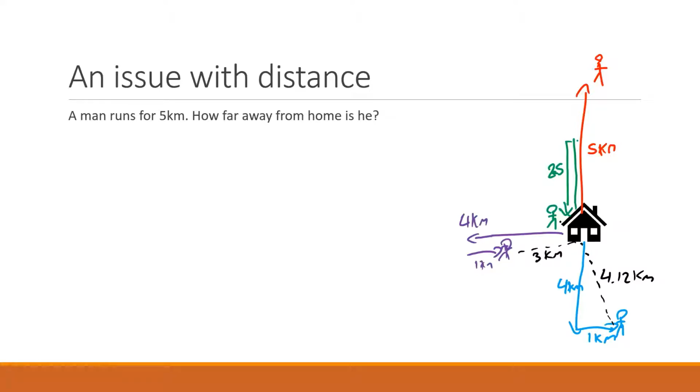So we have this problem here. Even though this man runs for 5 kilometers, how far away from home is he? We don't know that answer. They are somewhere between 0 kilometers away and 5 kilometers away. They can't get further than this, and they can't get closer than that. We don't know how far away it is.